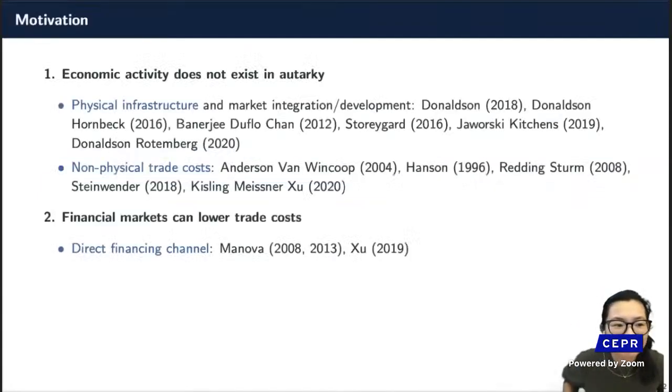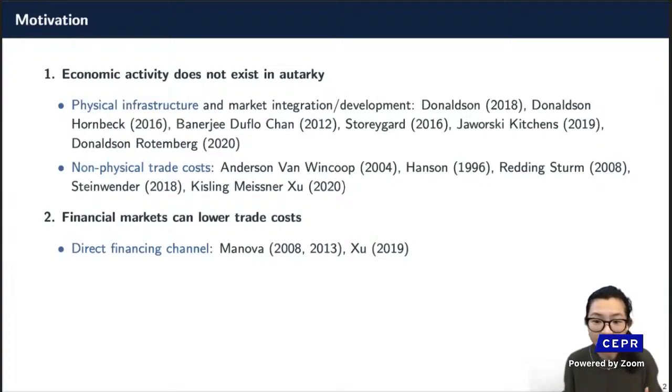Okay, so this paper is broadly motivated by two strands of the literature. The first is this observation and the work surrounding this idea that economic activity, both within countries and across countries, doesn't exist in autarky. And so we know that physical infrastructure technologies help to lead to market integration and economic development.